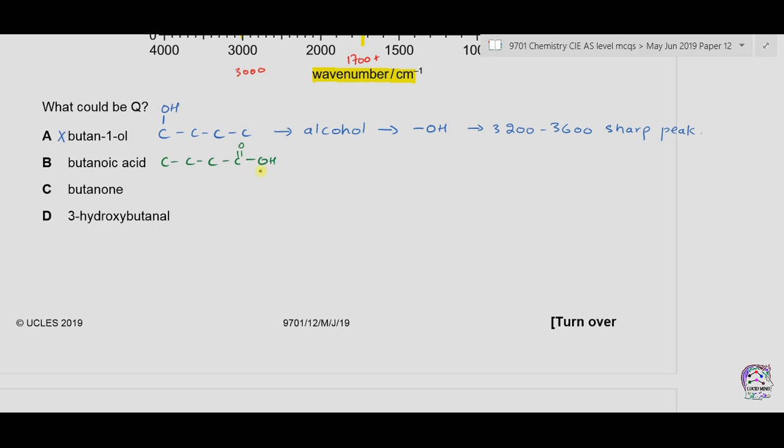In butanoic acid, we have 2 different peaks corresponding to carbonyl carbon and OH group. Now the carbonyl carbon peak will be between 1680 to 1730 sharp, while the peak of OH group for butanoic acid will be between 2500 to 3000 sharp and broad.